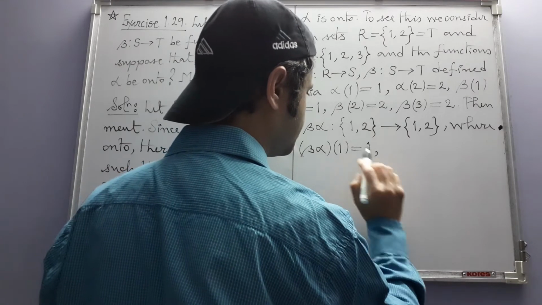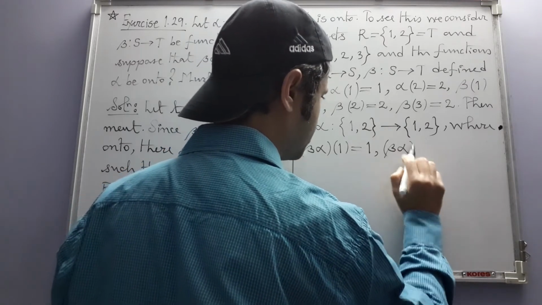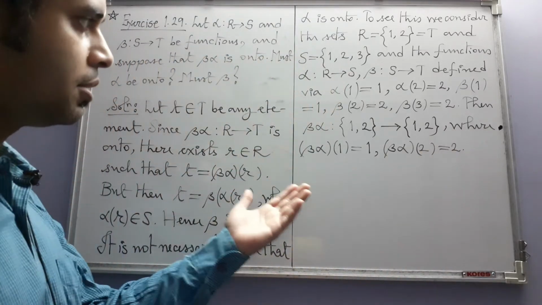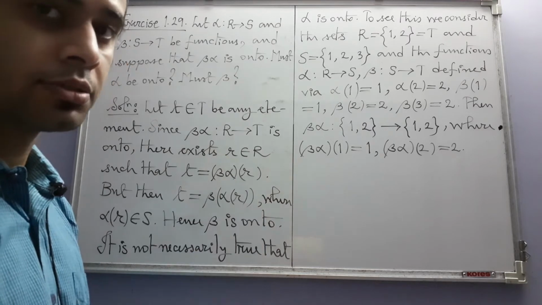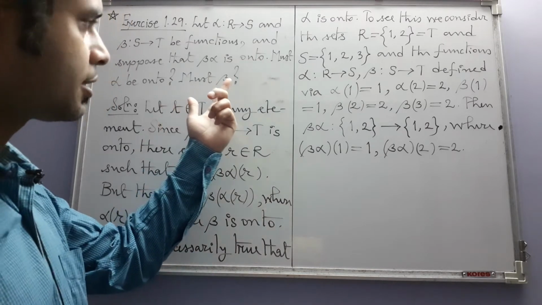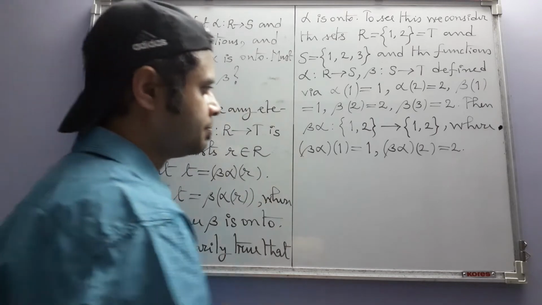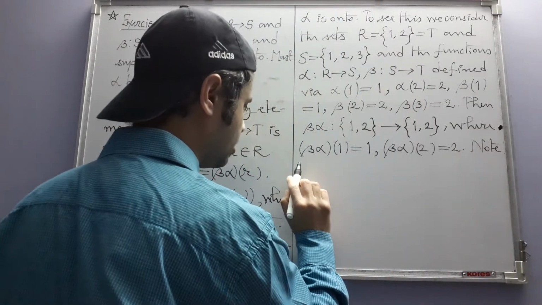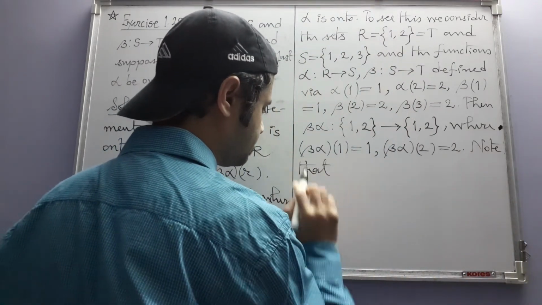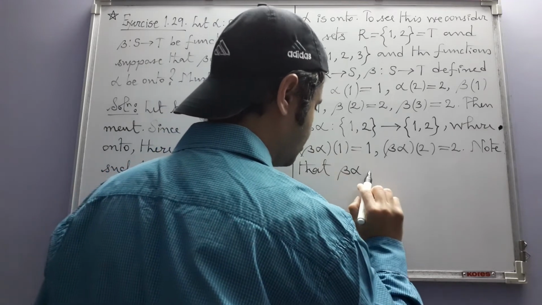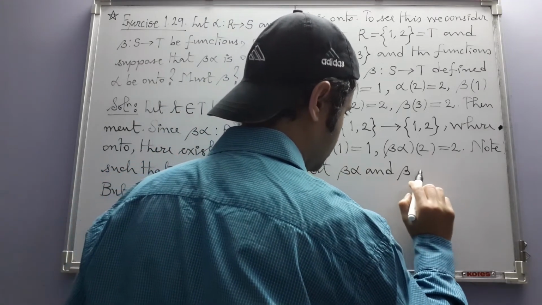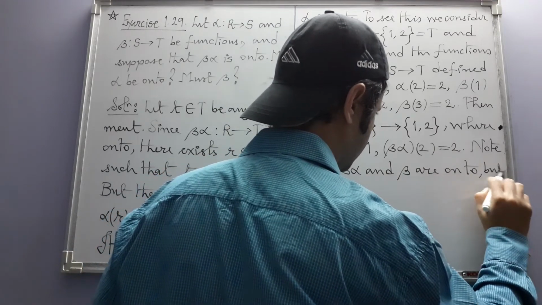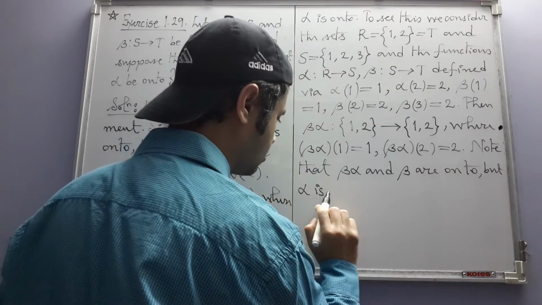Just like that, beta alpha of 2 is 2. So from this we can clearly see that beta alpha is onto. That's how we have the functions here. Note that beta alpha and beta are onto, but alpha is not onto.